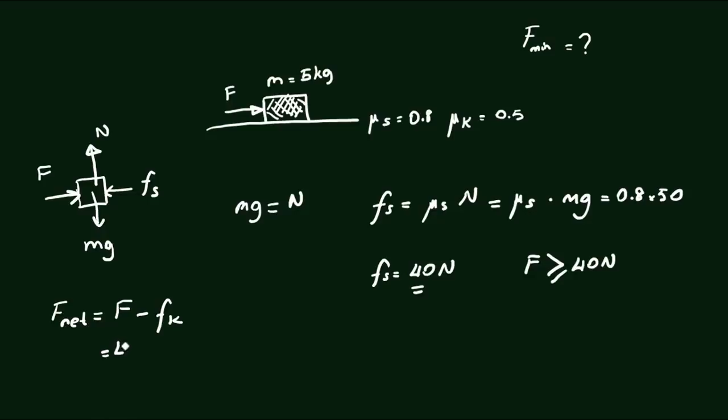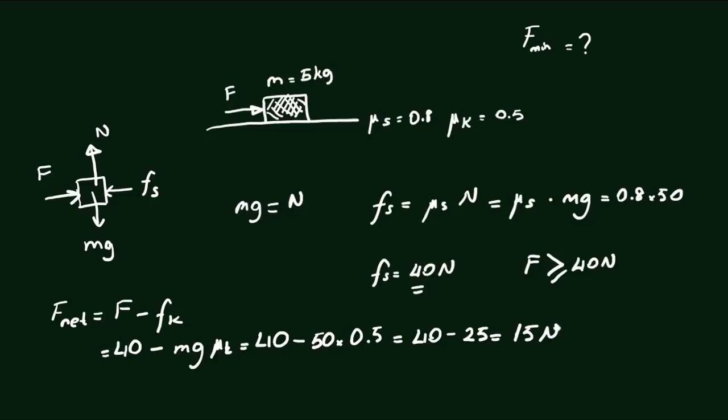Now, let's say the object keeps going with this 40 newtons of force minus mg times mu k, which is 40 minus 50 times 0.5. Hence, we have 40 minus 25, 15 newtons of force, net force.